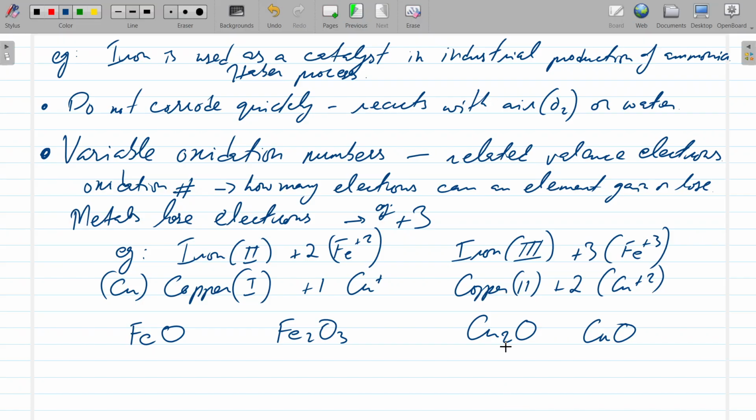Now, I'll stop here. There's a certain thing I want to bring your attention to, which are these numbers, and if you've guessed, they are actually related to the oxidation numbers of elements, if you can make that link.